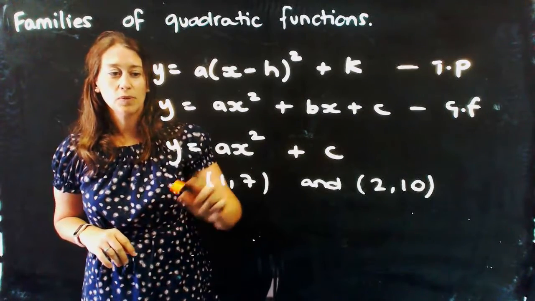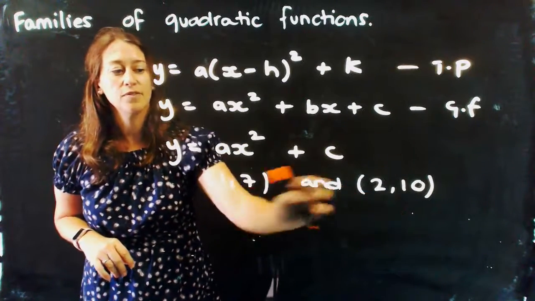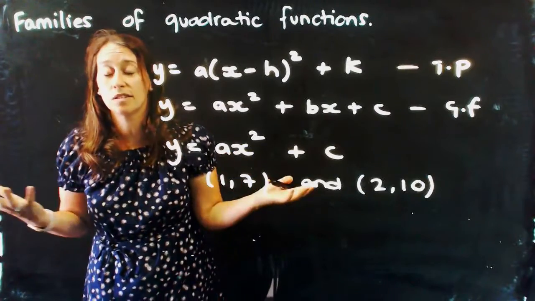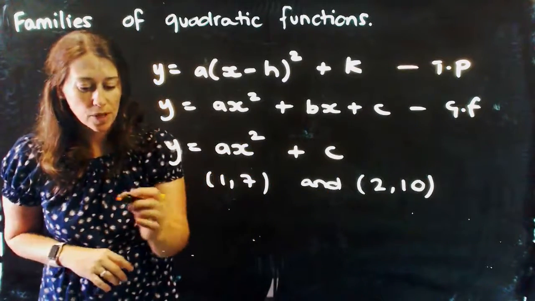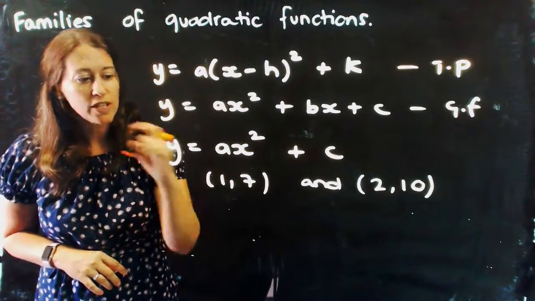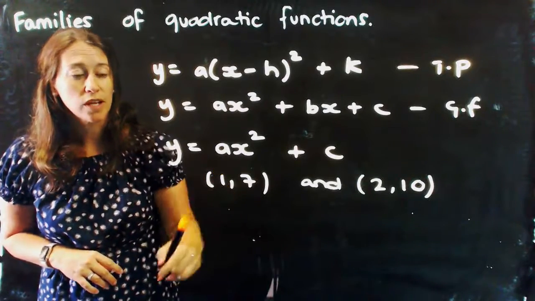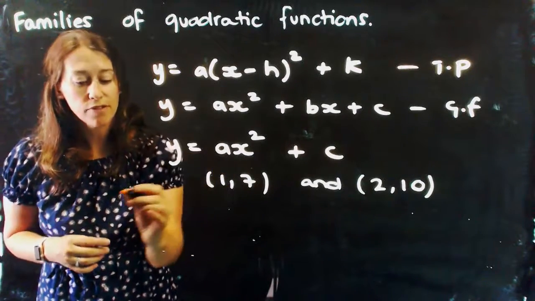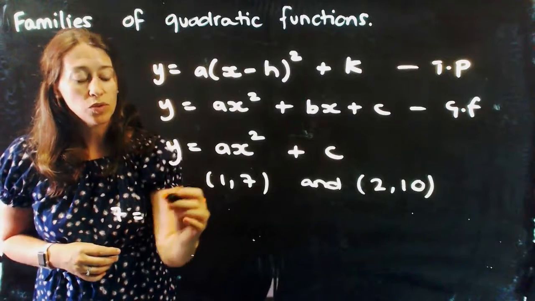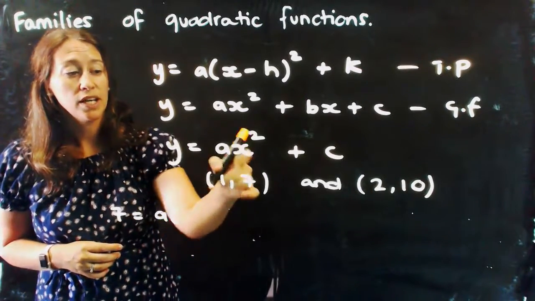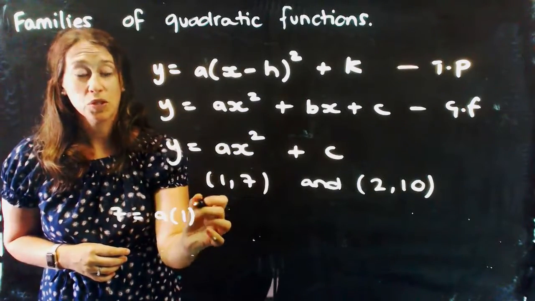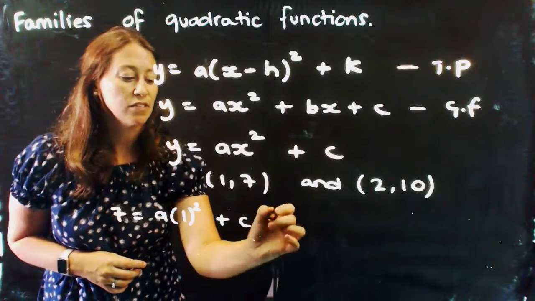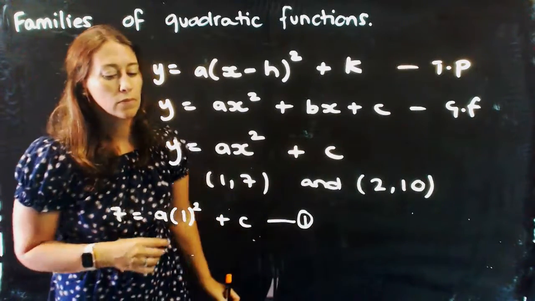We've got two pieces of information. I'm going to sub those in, and it's going to give me two equations. Let's do the first equation, using the first coordinate. So 7 for y equals a multiplied by x squared, well, 1 squared, plus our c. That gives me equation 1.